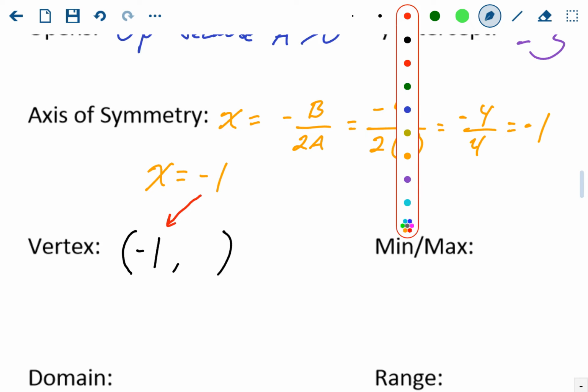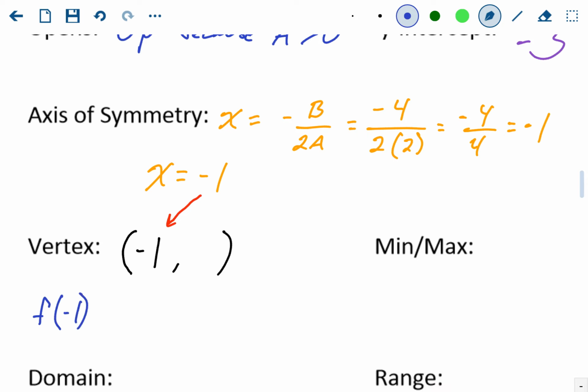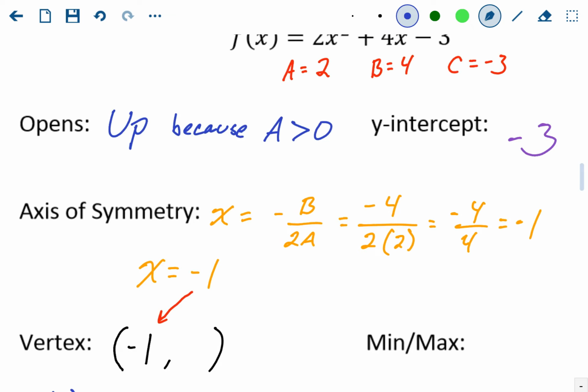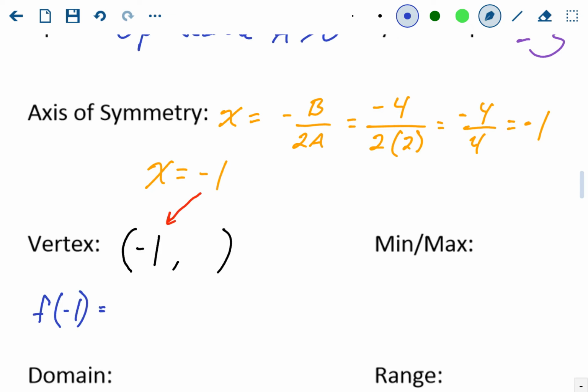To find the y value of the vertex, if you're given an x value and you need a y value, you just plug that x value in. So we're going to plug in negative 1 into the function. We're going to find f of negative 1, and that's going to give us the y value of the vertex. So we're going to plug that in. 2 times negative 1 squared plus 4 times negative 1 minus 3.